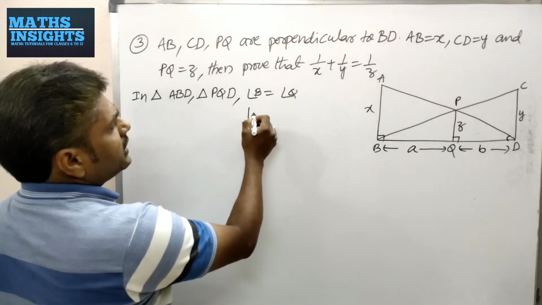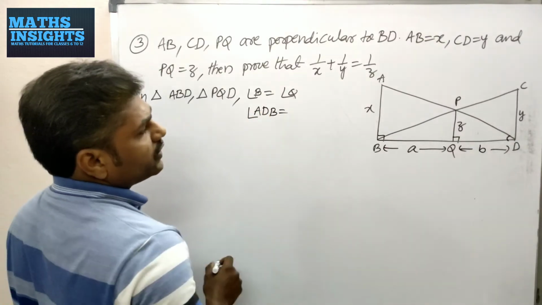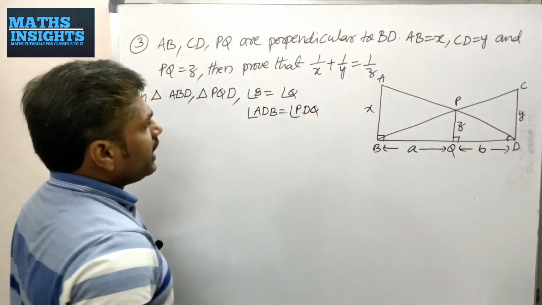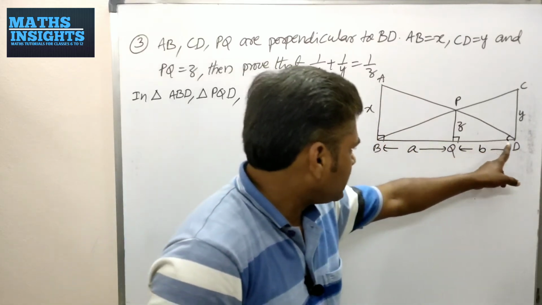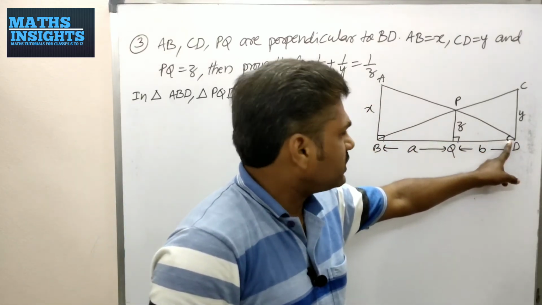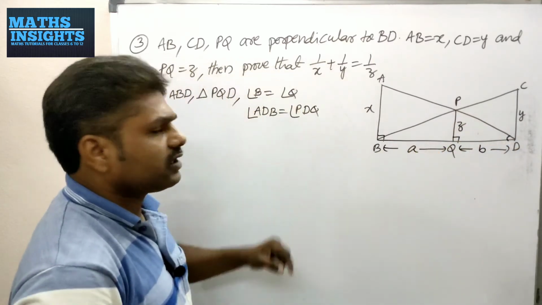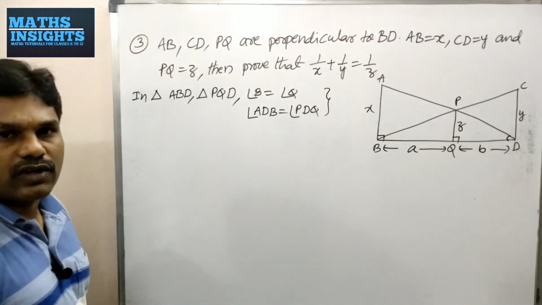Therefore you may write angle ADB is equal to angle PDQ. Both are the same, and these two angles are equal.